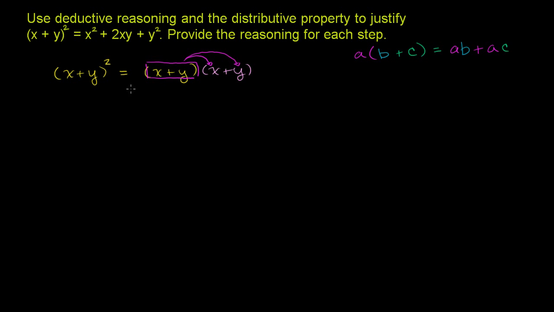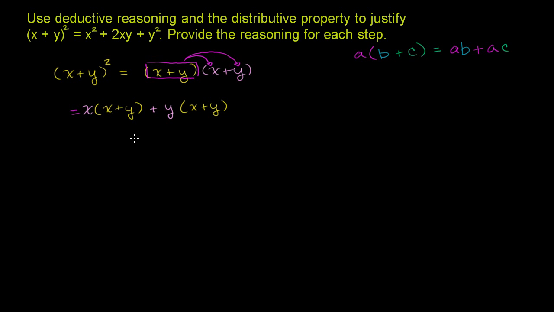So that's going to be equal to (x plus y) times x, and I could just write it there. It doesn't matter whether you multiply x times (x plus y) or (x plus y) times x. Order doesn't matter. And then plus y times (x plus y).